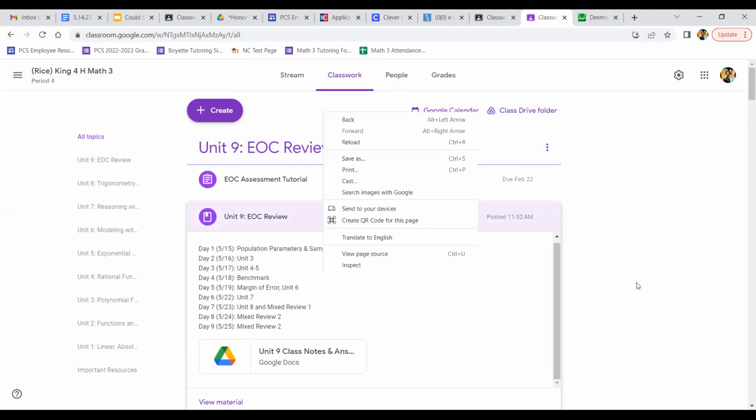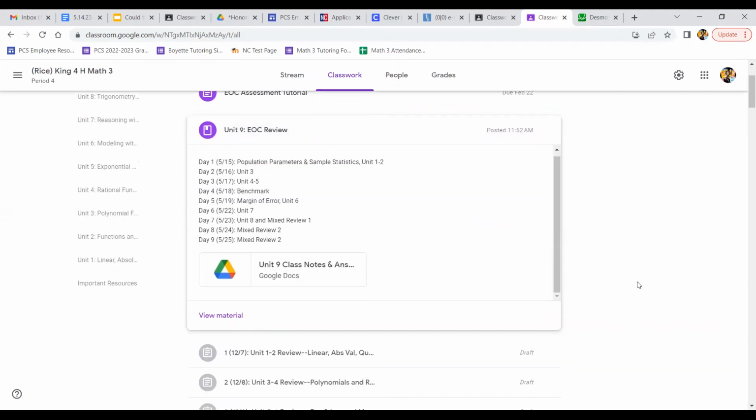I'm trying to make it in a pacing so it's not too overwhelming, but today we're going to do unit 1 and 2. Tomorrow's going to be unit 3. Wednesday's unit 4 and 5. On Thursday, we have a benchmark. That's not my choice. I'm being forced into it, so I apologize that you guys are doing another one of those tests. And then Friday is unit 6.